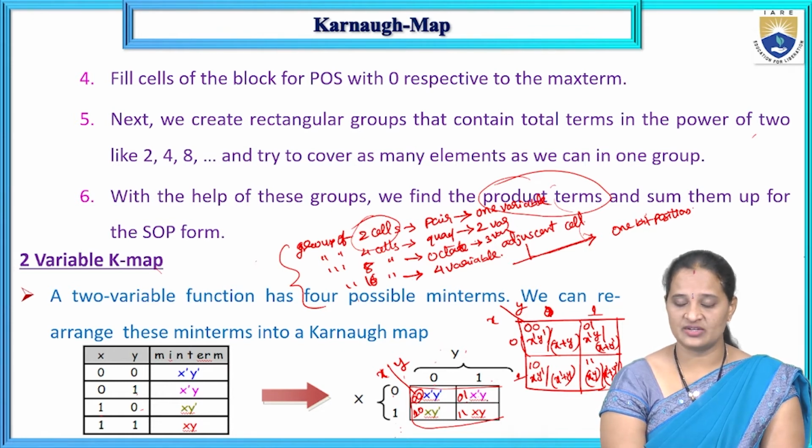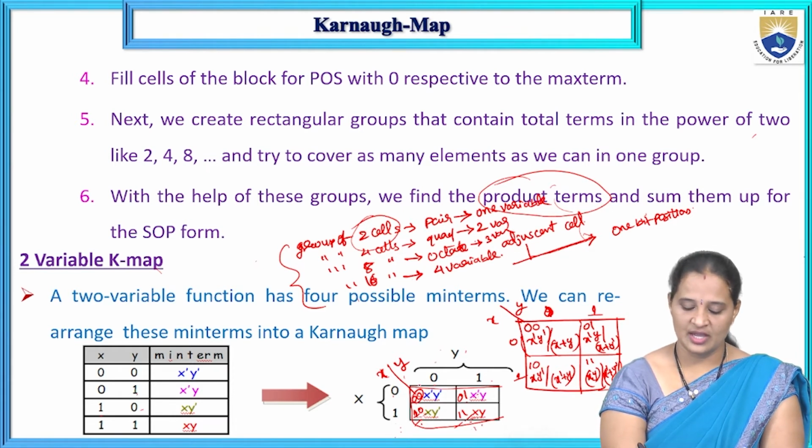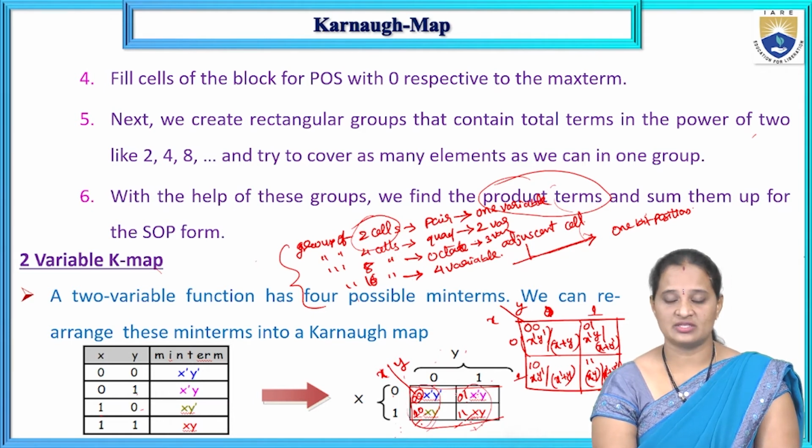How many variables do they differ by? They differ by only one variable. That is why these two are said to be adjacent cells. Whereas these two, 1, 0 and 1, 1: the MSB is the same, the LSB is different. So these two are also adjacent. Similarly, these two are adjacent and these two are adjacent.